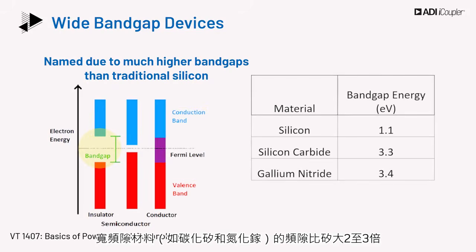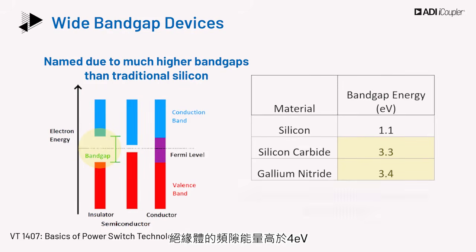Wide bandgap materials such as silicon carbide and gallium nitride have a bandgap which is about 2 to 3 times larger than silicon. Insulators have bandgap energy above 4 eV.